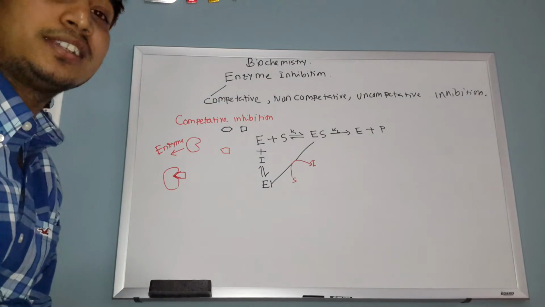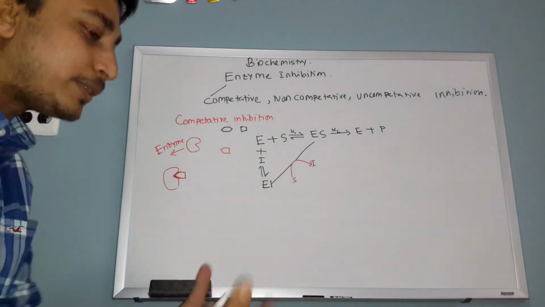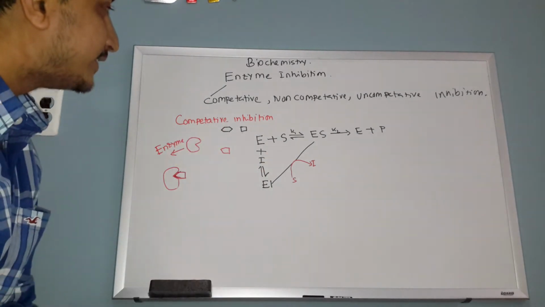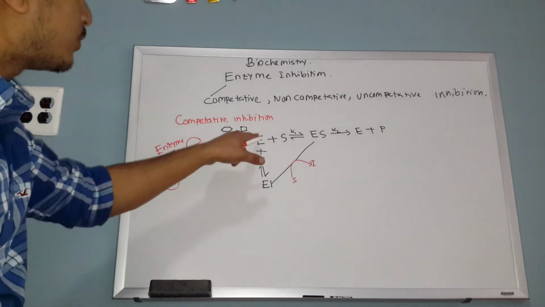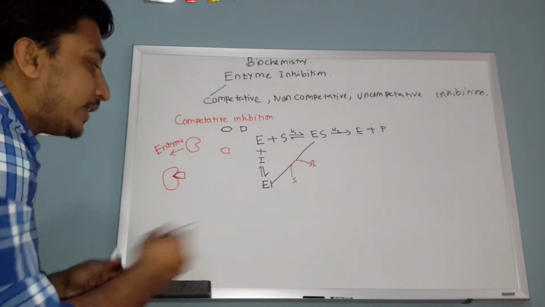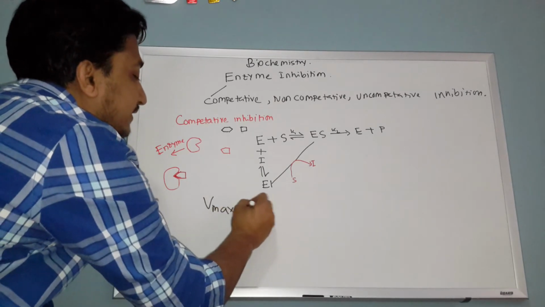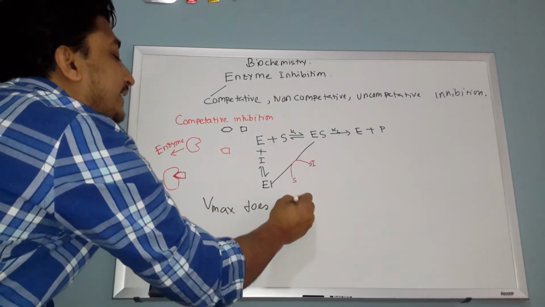But the classical part, what is the main idea of this? What is the main purpose of these things? The main purpose is that when the competitive inhibitor binds with this one, Vmax does not change. This is the classical part.